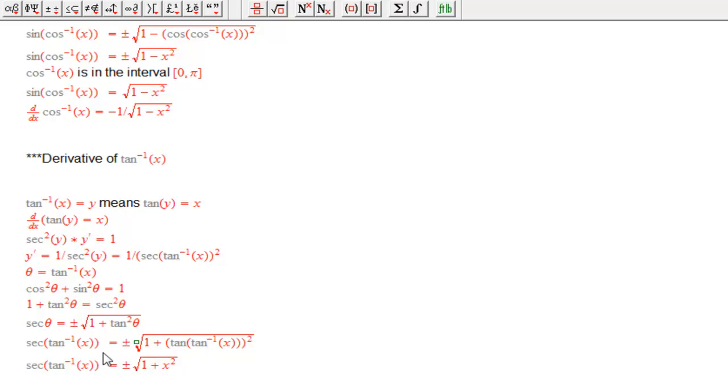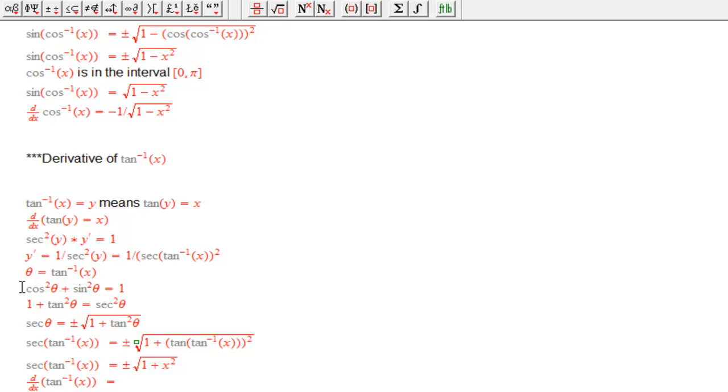Now we actually could at this point go through and convince ourselves that the plus or minus could go away, but it turns out you don't have to for this case, so I'm not going to do that. Instead, I'm going to go back here. We got y prime, that means the derivative of y, so we're dealing with the derivative of inverse tangent. So we got the derivative of inverse tangent of x, which is, by the way, also called arctangent in some contexts.